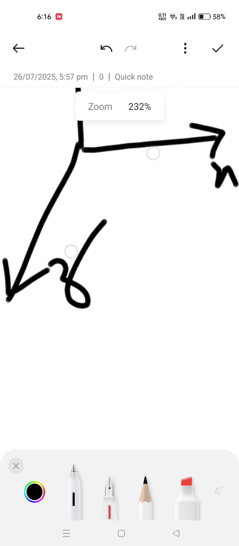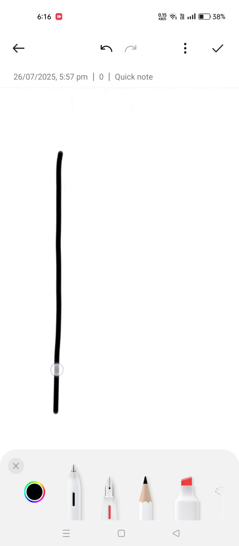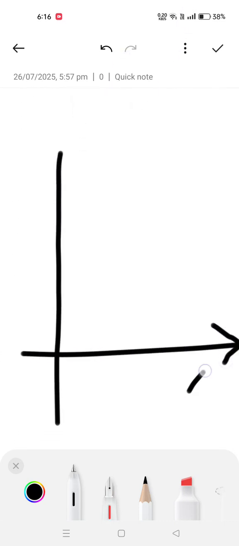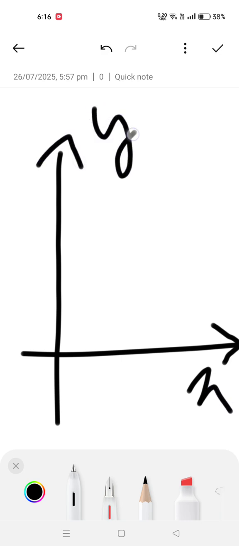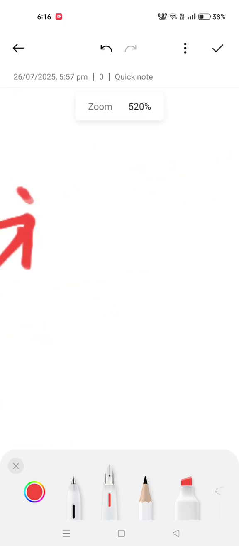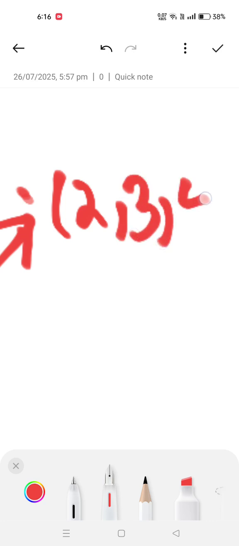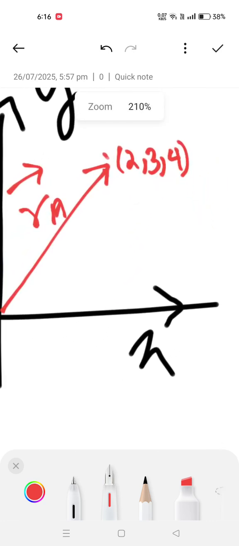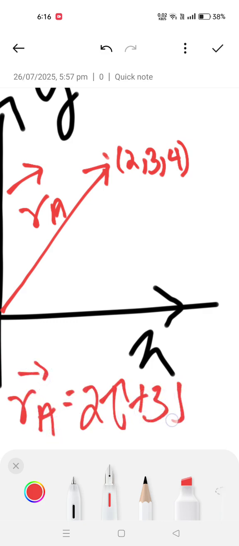Next we have the position vector, which is basically on an xy graph. I'm taking x, here y. Supposing this is RA, and here are some coordinates, supposing it's 2, 3, 4, the simplest one I am taking. So RA would become 2i cap plus 3j cap plus 4k cap.